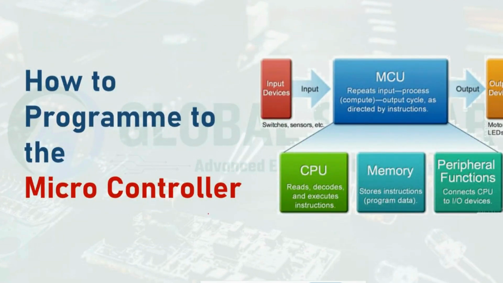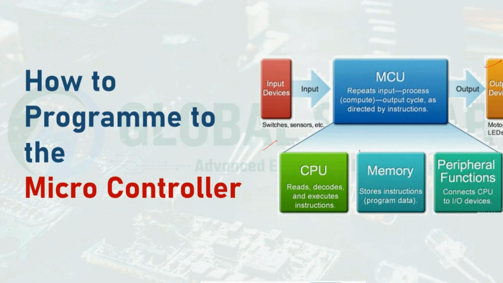How do we program the microcontroller? Generally we need to understand the input devices we are connecting, and what outputs we are able to operate with respect to the input. Inside the microcontroller, we know there are the CPU, memory, and peripheral functions, which should be configured, and we need to give the instructions based upon the address.